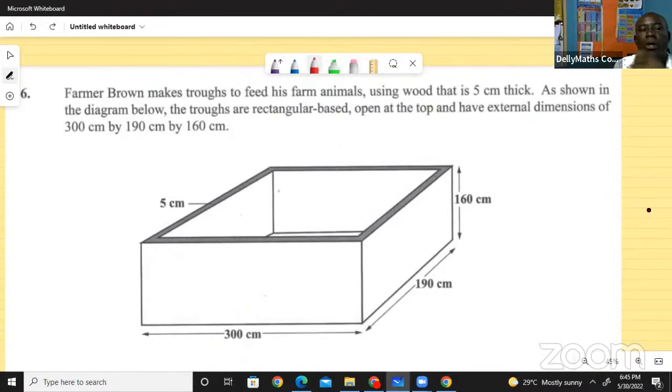It is open at the top, and has external dimensions of 300 centimeters by 190 centimeters by 160. So we're seeing those measurements and the thickness of the wood, 5 centimeters thick. Let's see the question now.